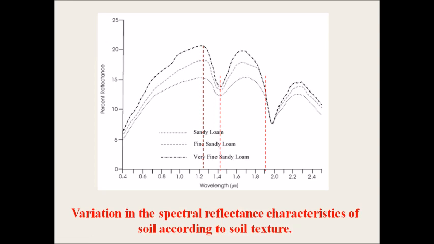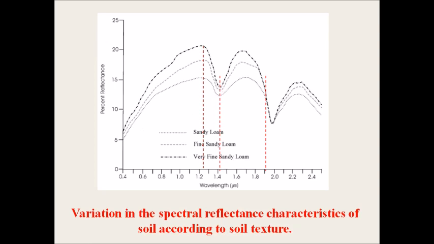The very fine sandy loam shows around 20% of the wavelength being reflected. Then in all three types of soil, there's a sudden reduction in the reflectance at around 1.4 micrometer wavelength.